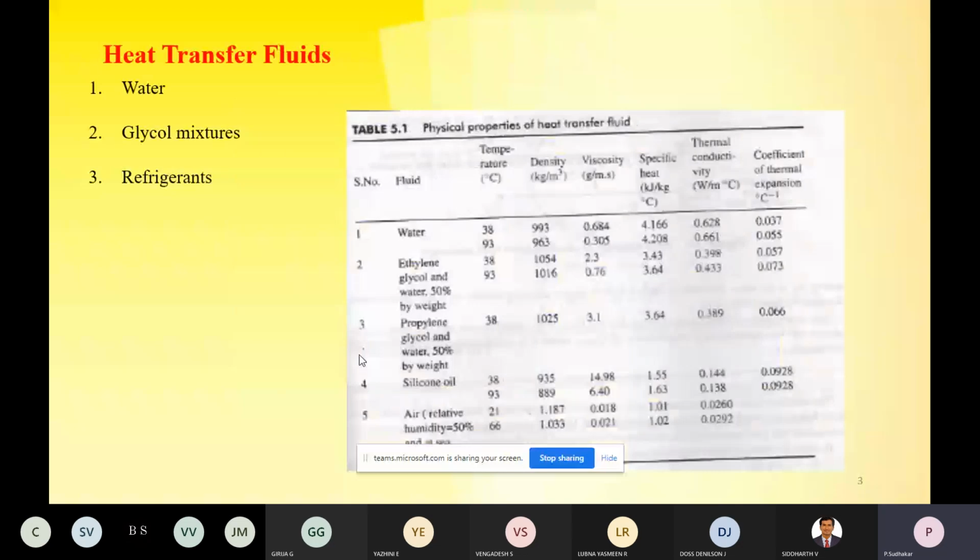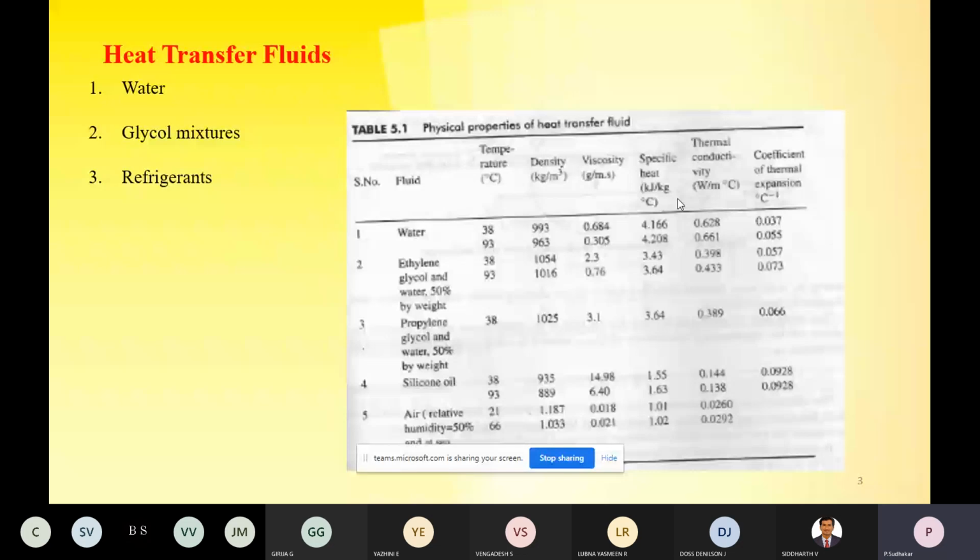Even for good quality water, a heat exchanger is used where harsh cold conditions prevail. There is a table given for the various heat transfer fluids used in solar water heating systems. For each fluid, the temperature, density, viscosity, specific heat, and thermal conductivity are given.